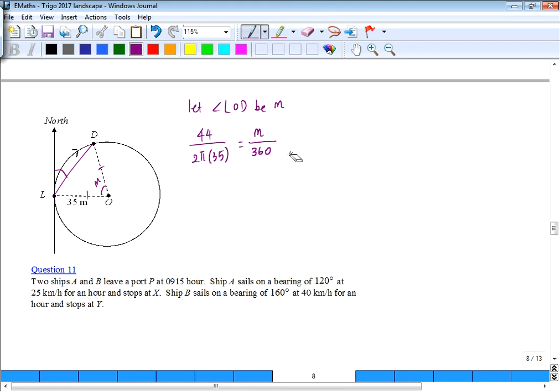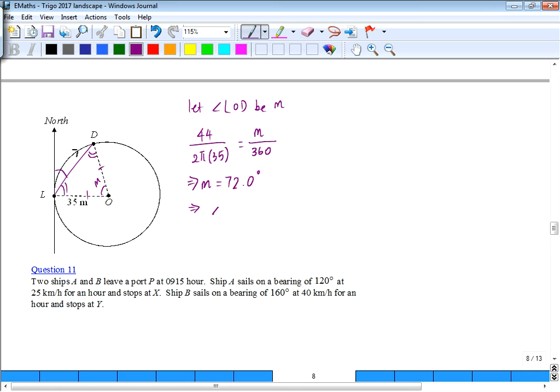Okay, I'm not going to write in the units. M will be 72.0 degrees. Now that you get M of 72 degrees, we can find out what the base angles are, because it is an isosceles triangle. LDO is an isosceles triangle.